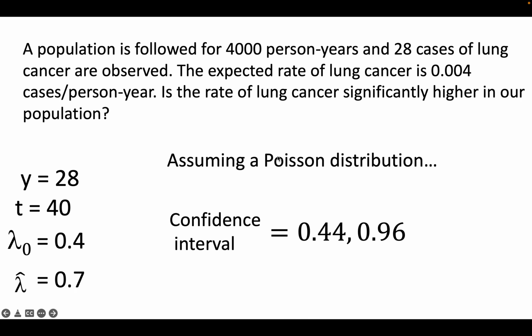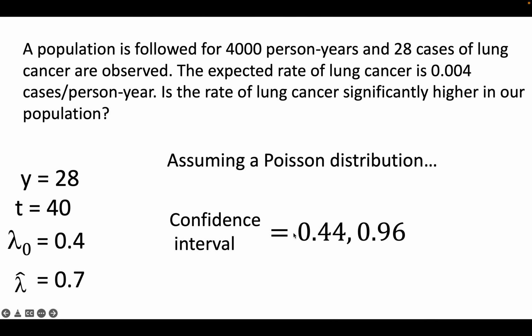And we can see that our expected rate was 0.4. It doesn't lie in this interval. So although we don't have a specific p-value, the fact that this null value is outside of our confidence interval, we know that it is at least qualitatively significantly different.